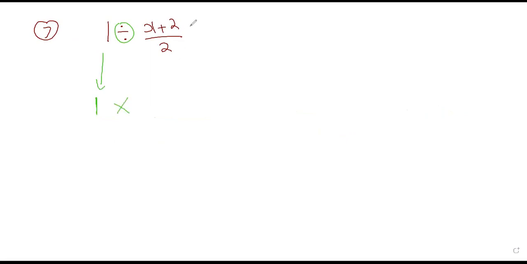And we need to find the reciprocal of this. Reciprocal of any fraction is the flipping, the interchange of numerator and denominator. This would become the numerator and this would become the denominator. And yes, the answer is simply 2 by x plus 2. Right? Did you understand this? Yes. Okay.